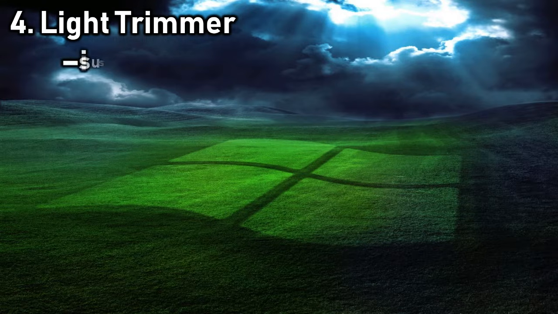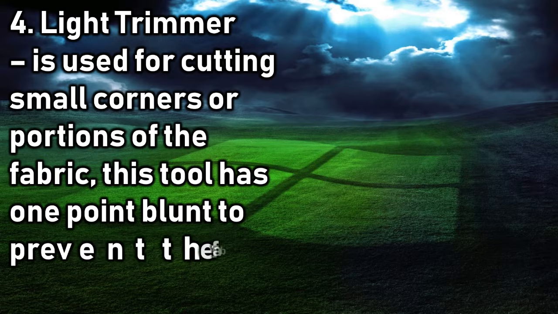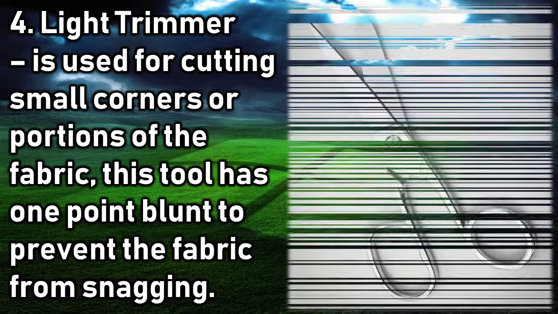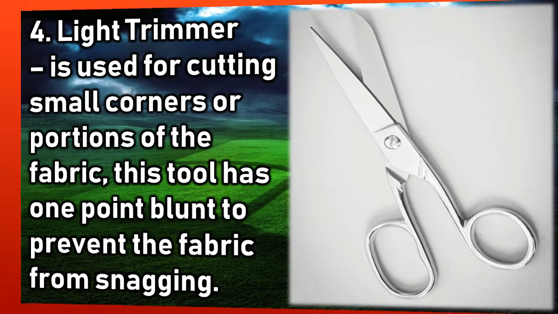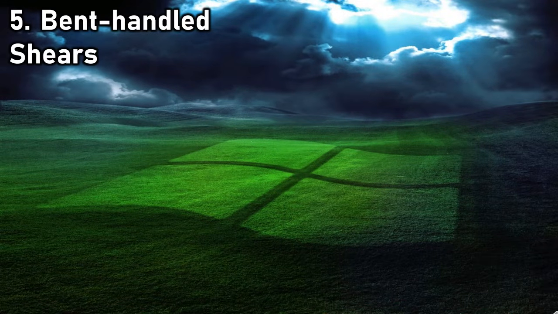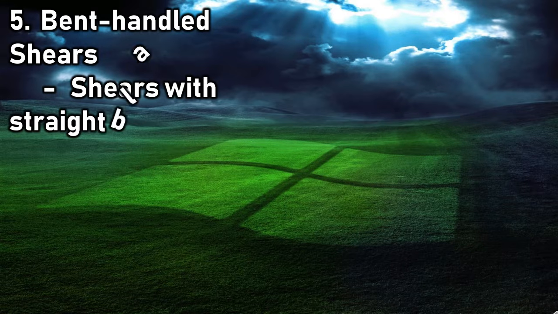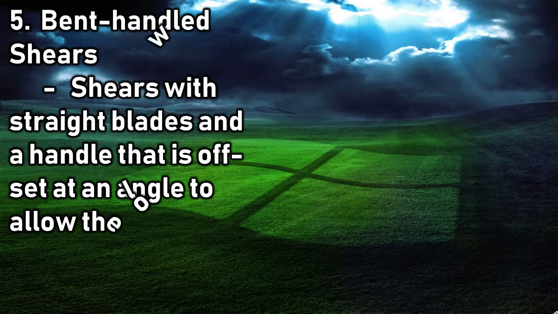Light trimmer is used for cutting small corners or portions of the fabric. This tool has one point blunt to prevent the fabric from snagging. 5. Bent-handled shears: shears with straight blades and a handle that is offset at an angle to allow the lower blade to stay flat on a cutting surface.